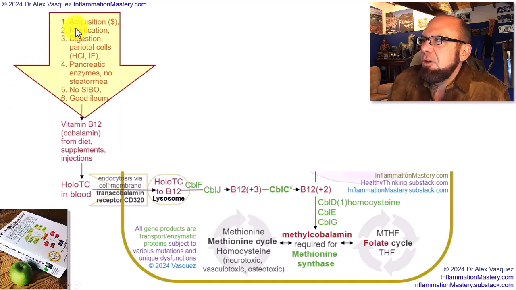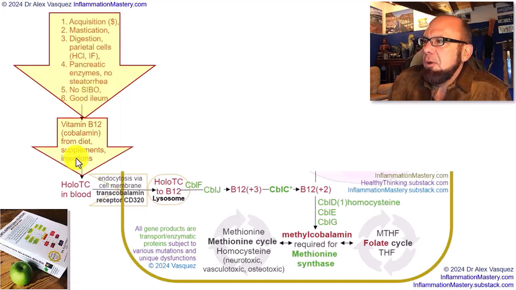So obviously we start with acquisition, mastication, digestion, which requires the parietal cells in the stomach because they secrete hydrochloric acid and intrinsic factor. We then have to have pancreatic enzymes. We need to have a good eubiosis and avoidance of dysbiosis within the gastrointestinal tract, specifically no small intestine bacterial overgrowth, and a good ileum that's not affected by surgical resection, Crohn's disease, celiac disease, or small intestine bacterial overgrowth.